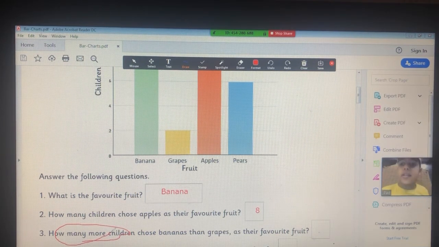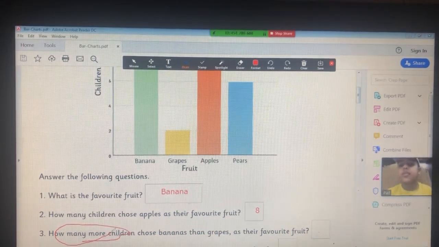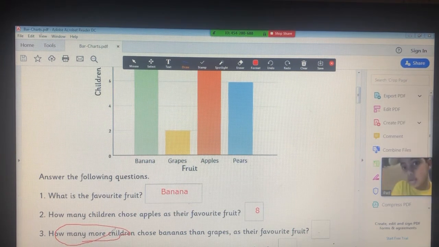No, it shows me I will subtract two numbers. How many more? I will subtract between two numbers to see which one is more than the other.